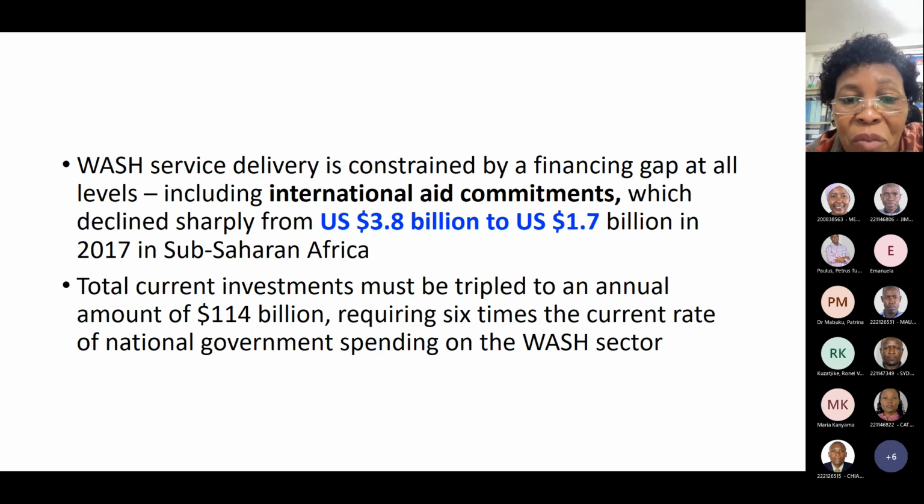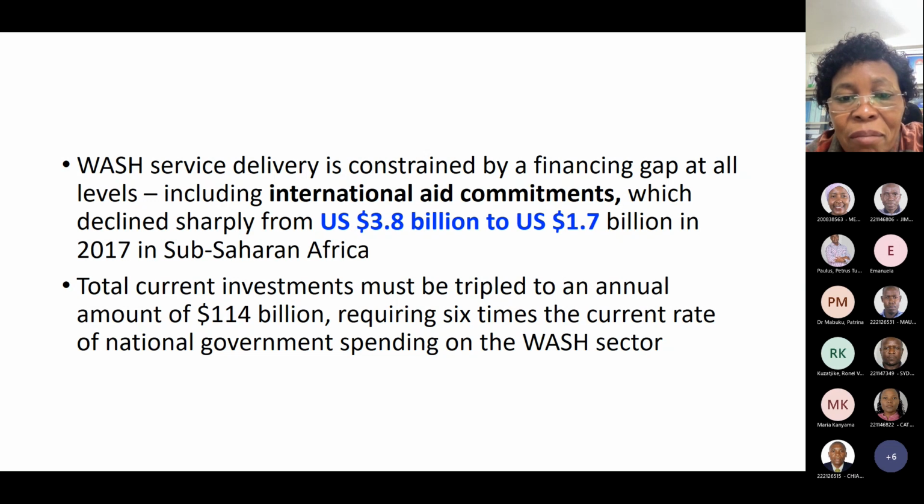And this declined from 3.3 billion to 1.7 billion in 2017 in sub-Saharan Africa. So it's not just Africa which fails to meet its financial commitments, but also the international aid. But two wrongs don't make a right. It's just that we should not think that it's only in Africa where we are failing.